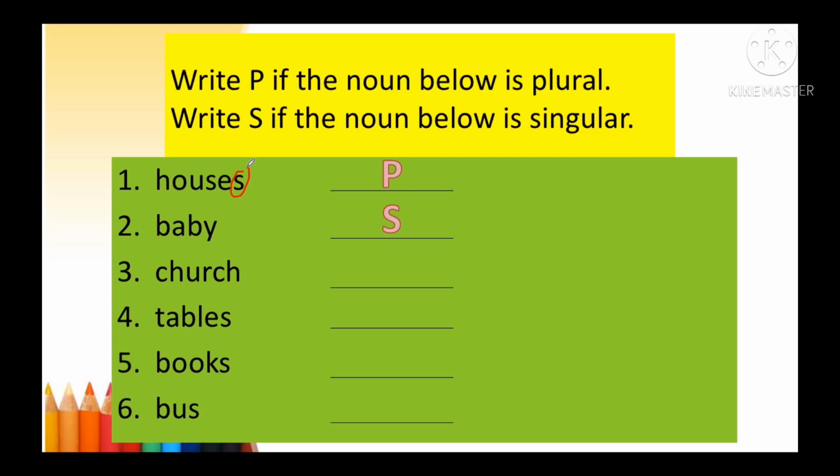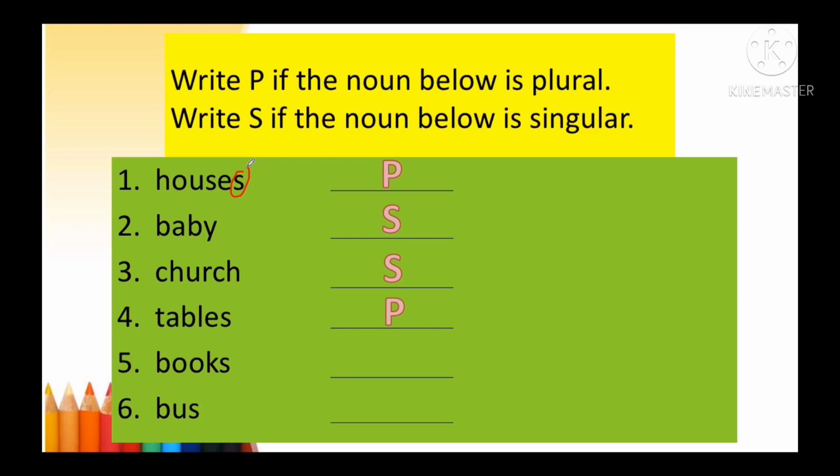So church is only one. Therefore, our answer is singular. How about number 4? Tables. If we have only one, that is only table. But since we have S, we will answer P as plural.